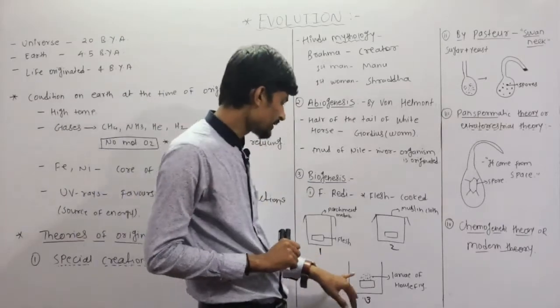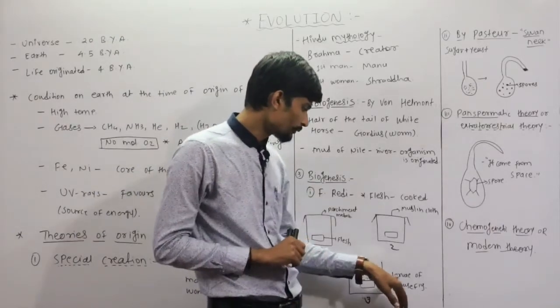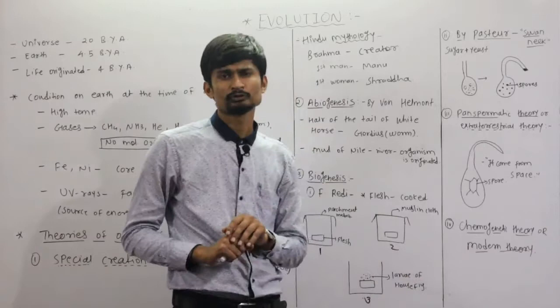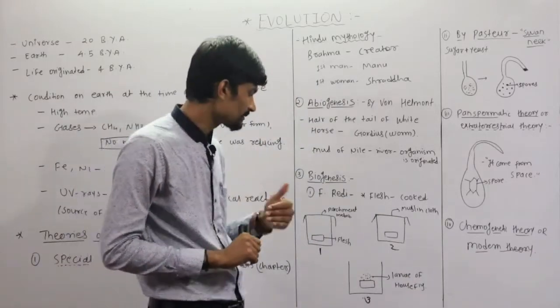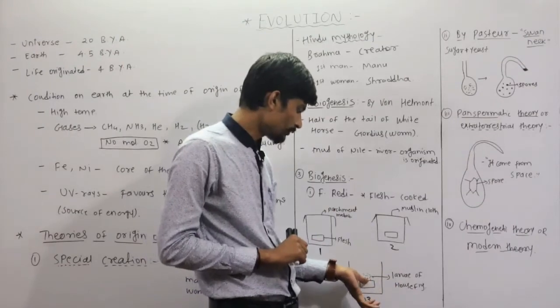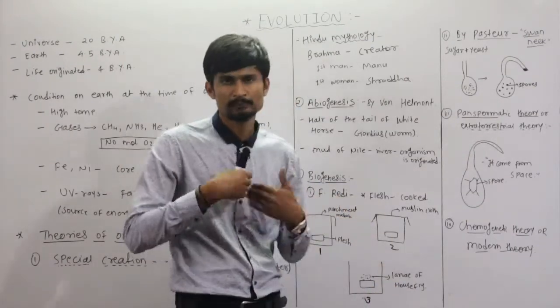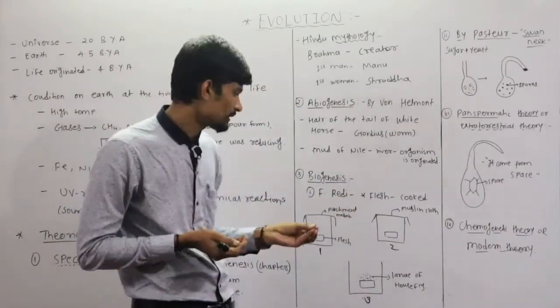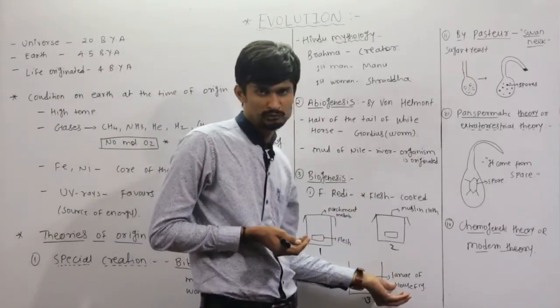But in container 3 he observed the larvae of the housefly. From this he concluded that the housefly may get seated onto the flesh, and there they reproduce and form the larvae of the housefly.